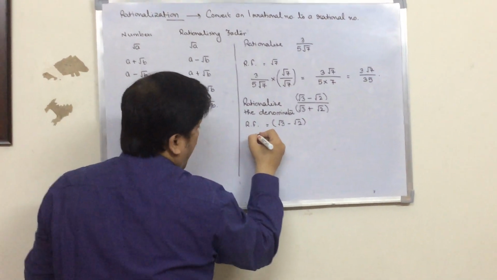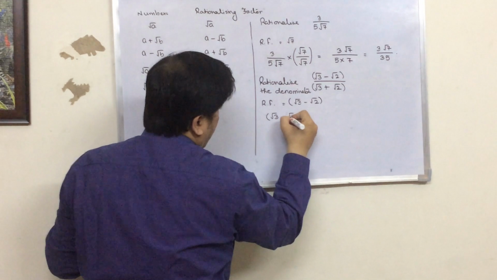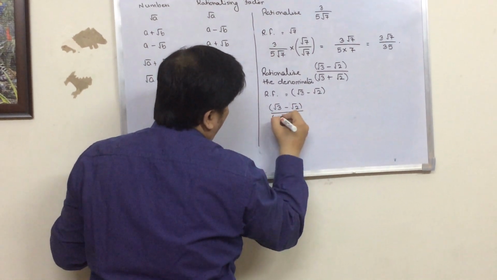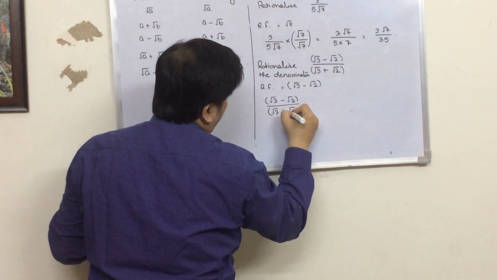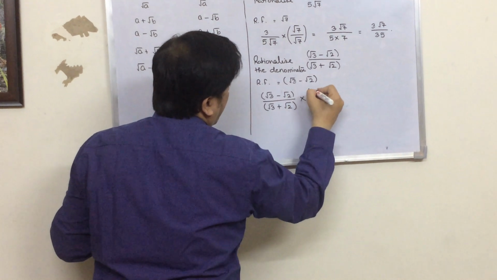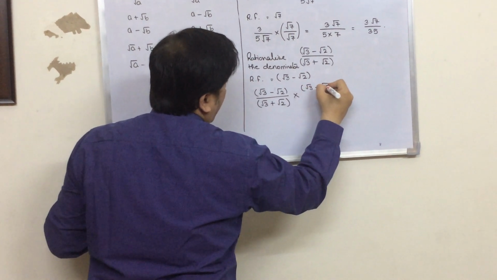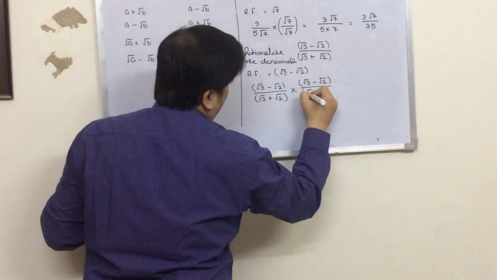So we write our expression, which is under root 3 minus under root 2 upon under root 3 plus under root 2, and we multiply and divide by the rationalizing factor.